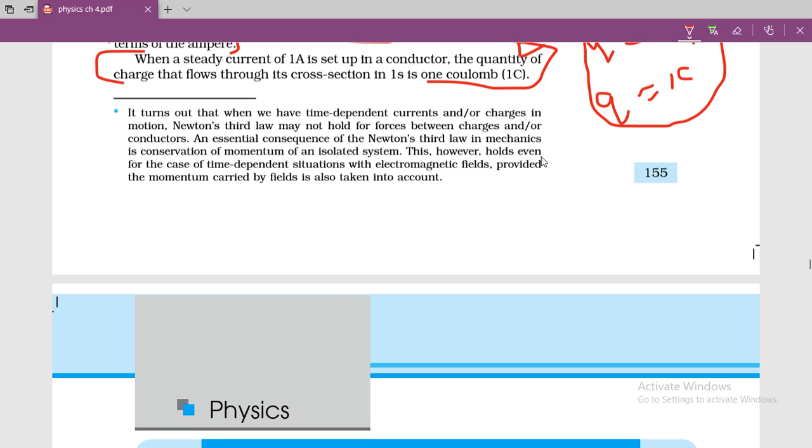This, however, holds even for the case of time dependent situations with electromagnetic fields, provided the momentum carried by fields is also taken into account. So this is the comparison between mechanics and electrodynamics, you can say magnetism.